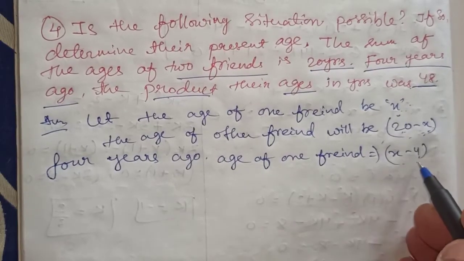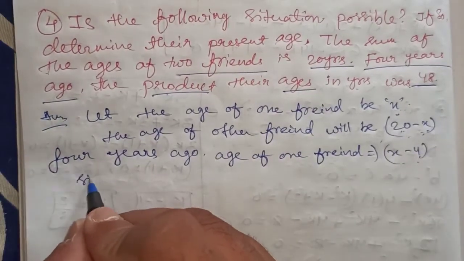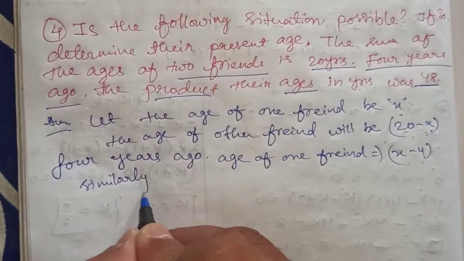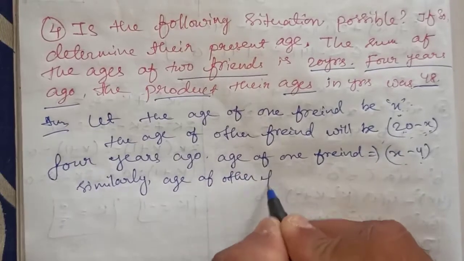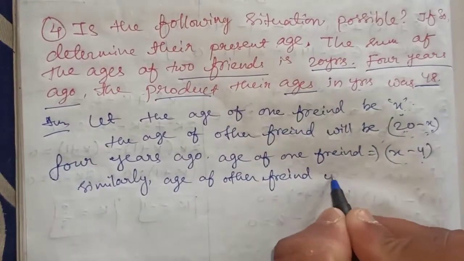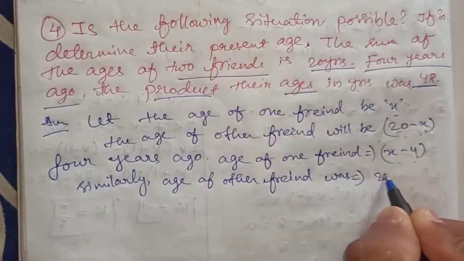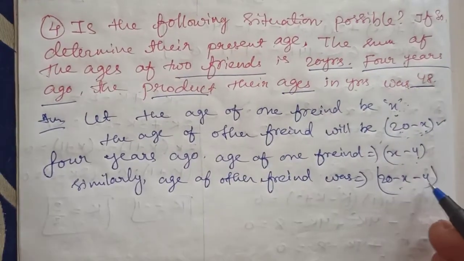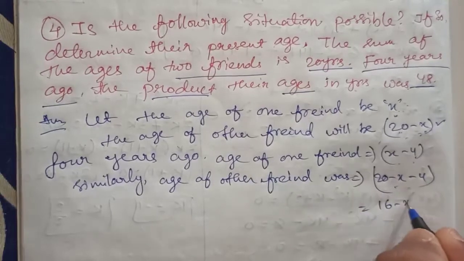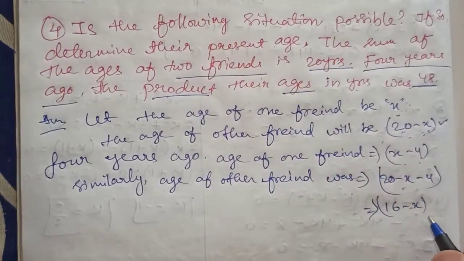So we have to take minus 4. Similarly, the age of the other friend 4 years ago was 20 minus x, minus 4, because this is the present age. So it will be 16 minus x.